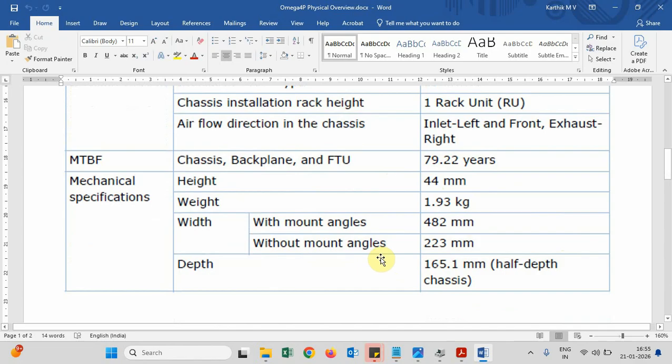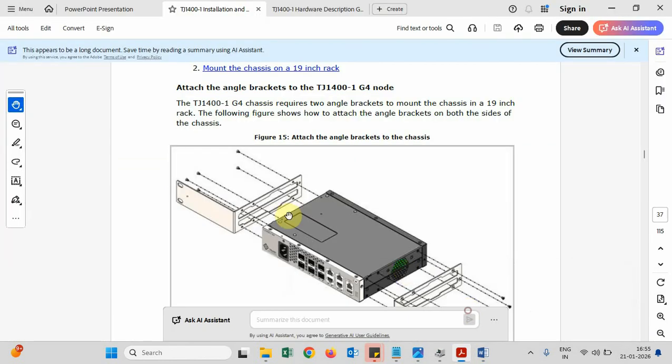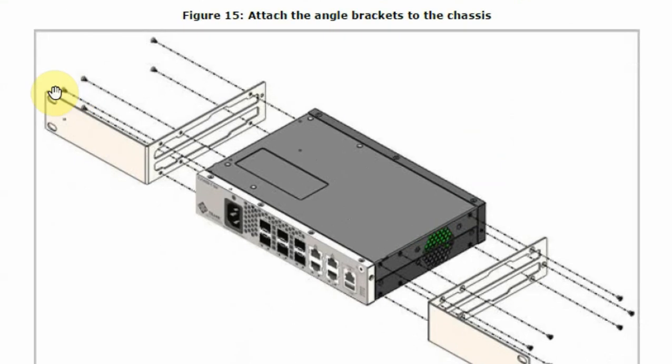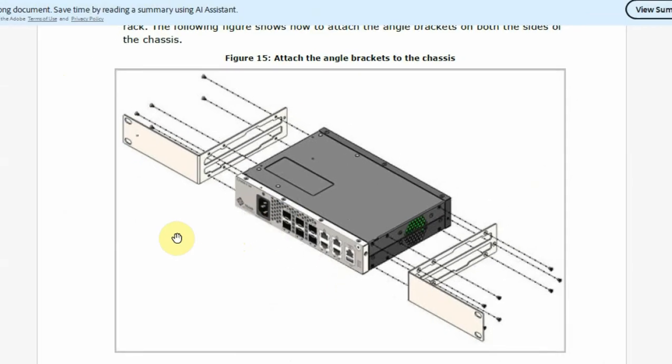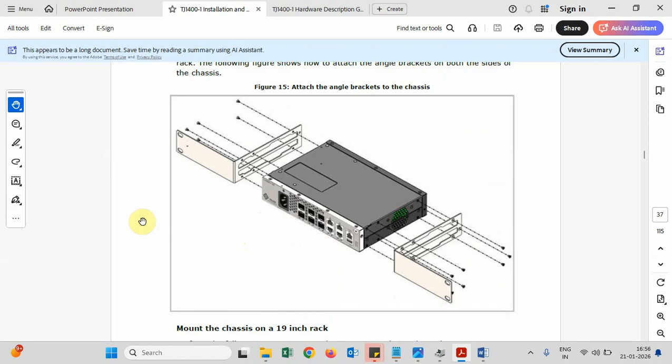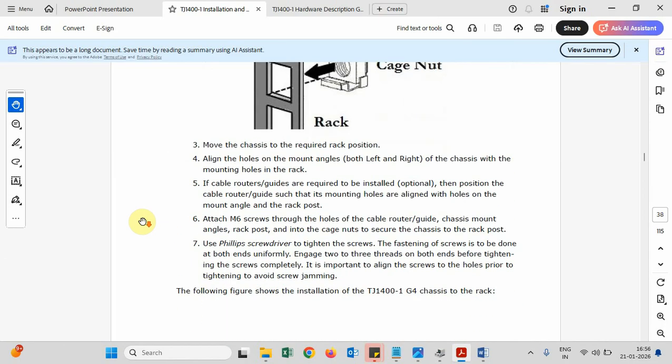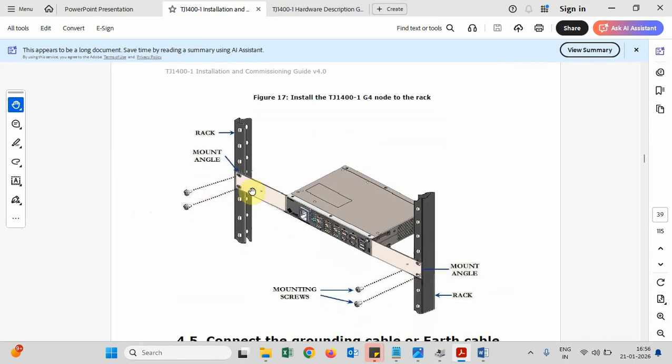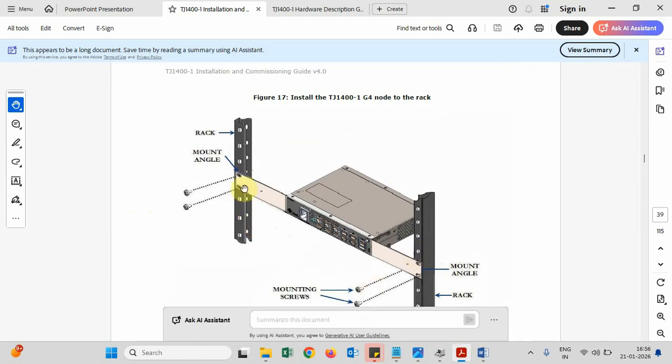So this particular OLT is of very small width, so therefore it comes with angle brackets seen here. So these are called the angle brackets. So using this, we can fit the OLT in a normal 19-inch rack as seen here. It can be fit in the rack in this format.